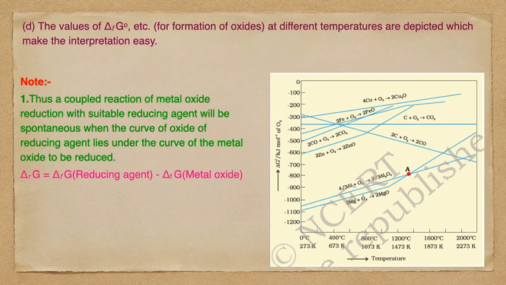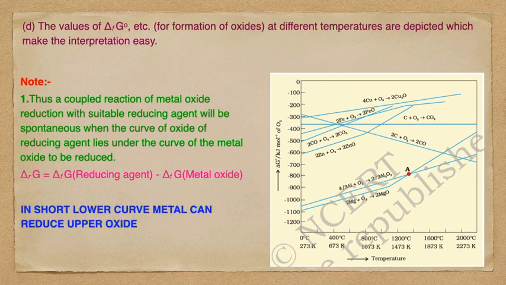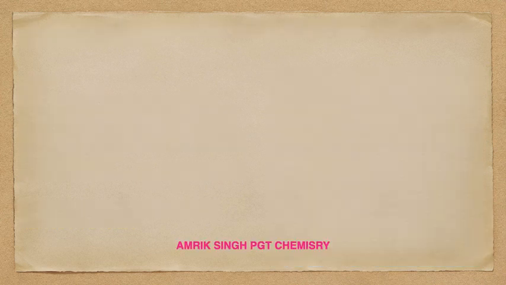That is, the lower one will reduce the upper one. The lower metal will reduce the upper oxide. The reducing agent will be the lower one, having the larger negative value of delta G. We may conclude in short, the lower curve metal can reduce the upper oxide.